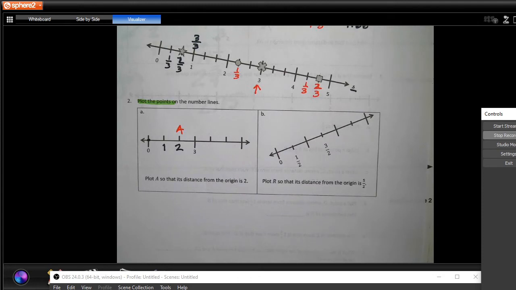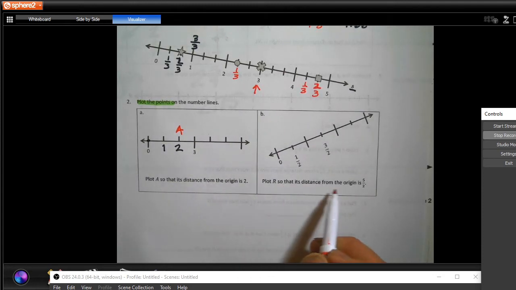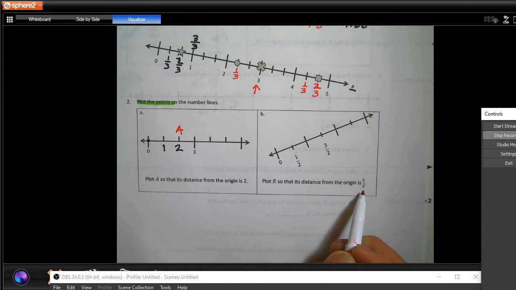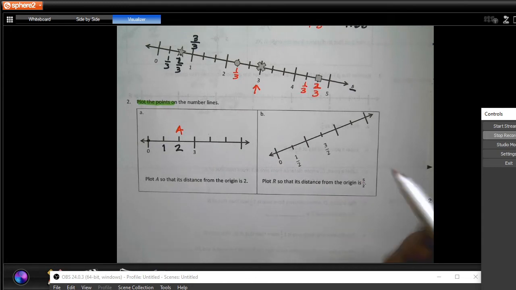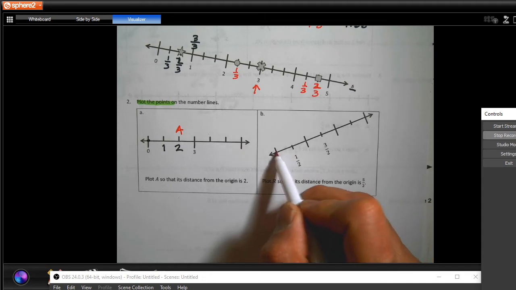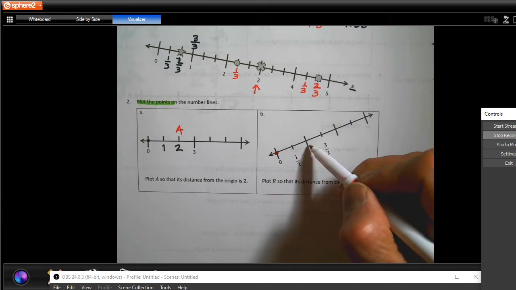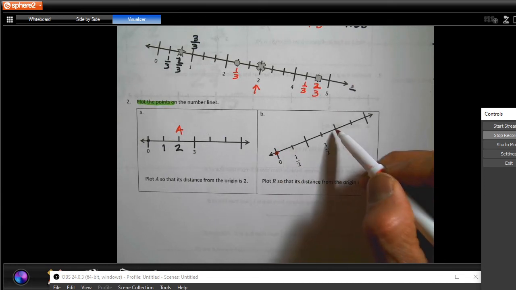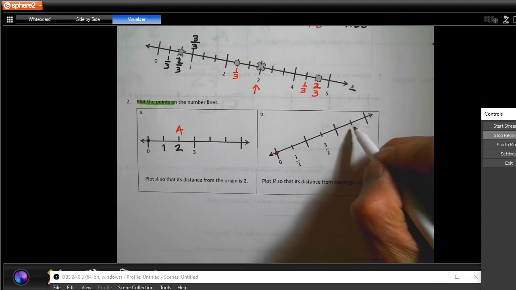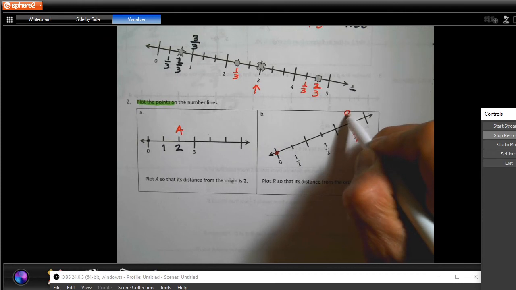On this one, it says plot R so that its distance from the origin is 5 halves. Okay, so 5 halves, so this is the origin, and we're gonna count halves because it says five of them, right? This is 1 half, 2 halves, 3 halves, 4 halves, 5 halves. So this will be 5 halves, and that's where R will be.